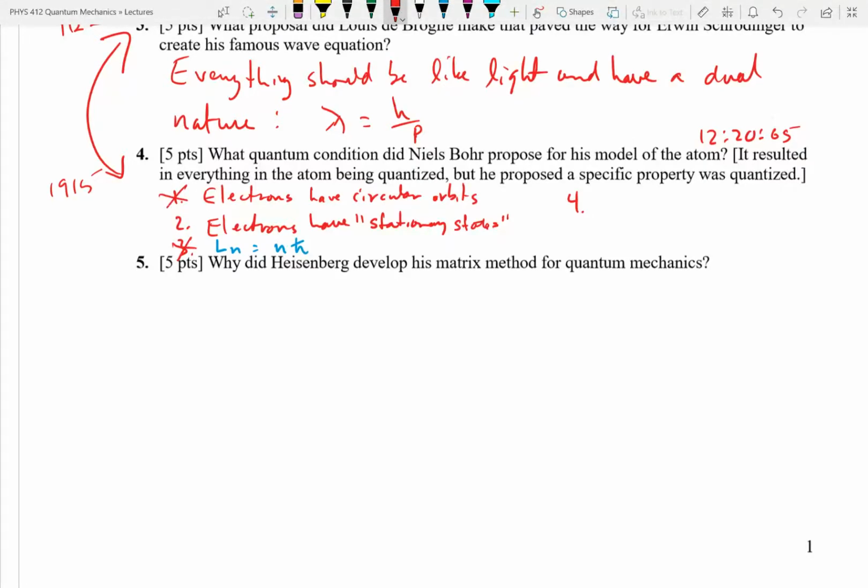Yeah, the angular momentum is quantized is correct. His quantization condition, incorrect. And then the last one was, when changing stationary states, I'm just going to put delta E equals hf. It has to absorb or emit a photon with energy exactly equal to the difference in energy between the stationary states. Is that one correct or incorrect?